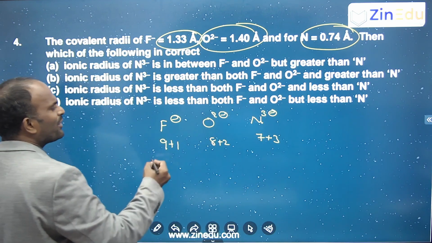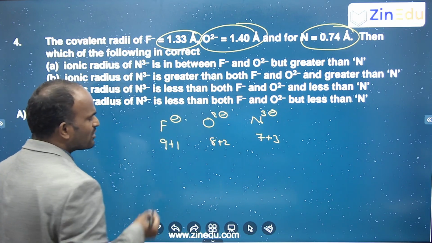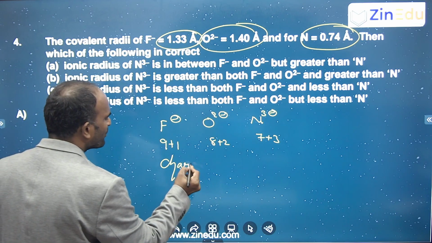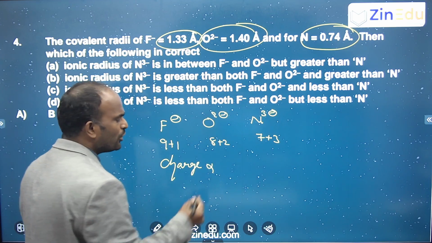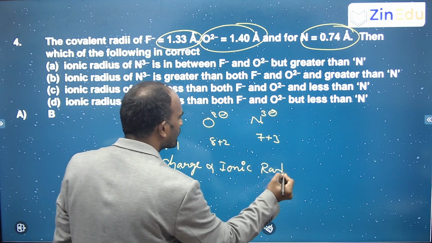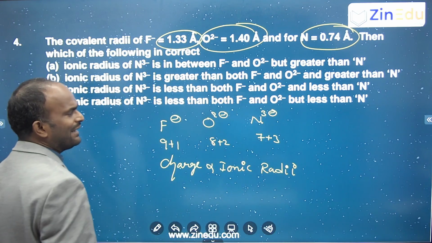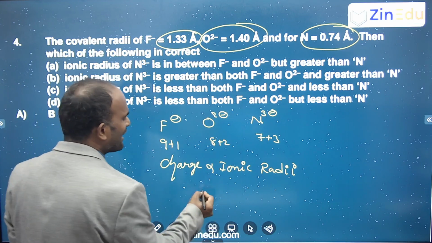As the number of electrons are the same, they are isoelectronic species. Here these are anions, and charge is directly proportional to ionic radii. The more the charge, the more will be the ionic radii.